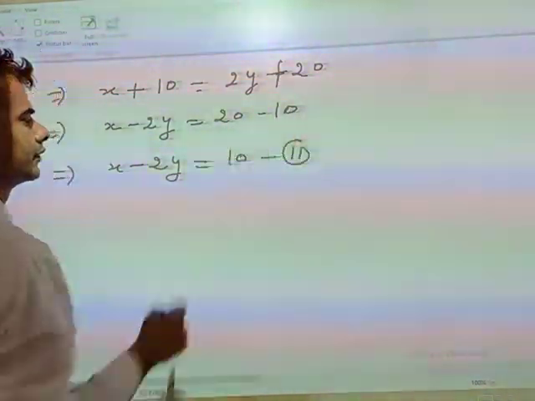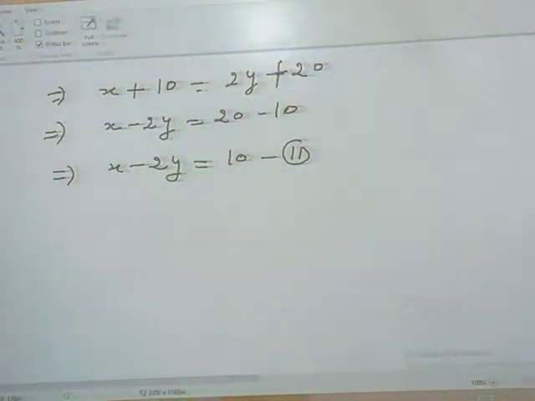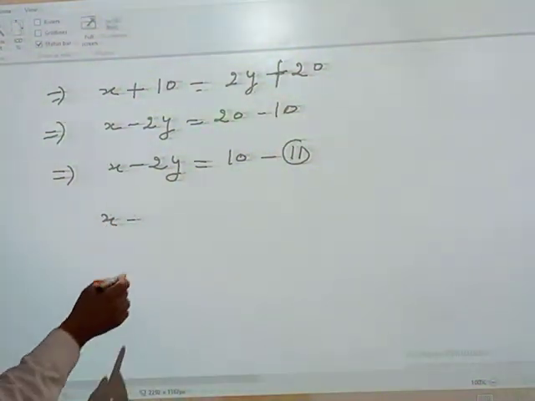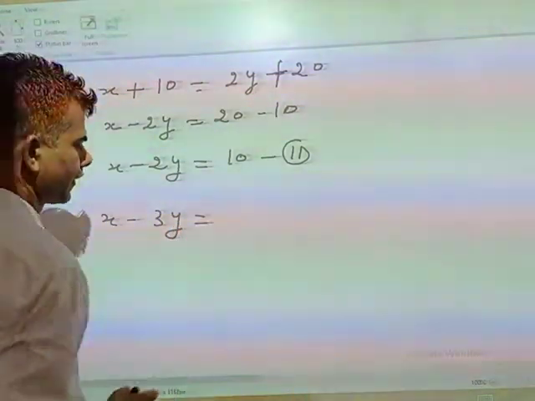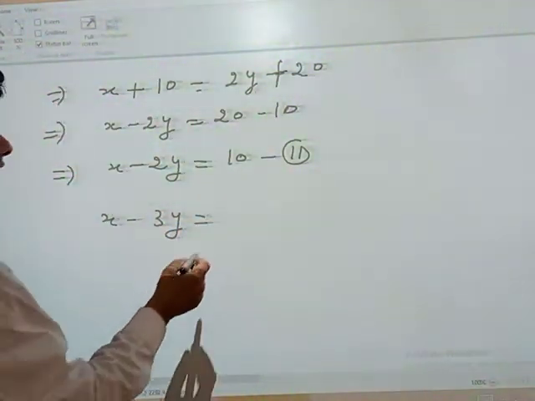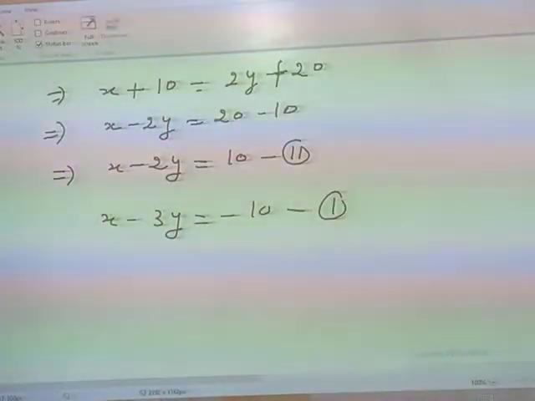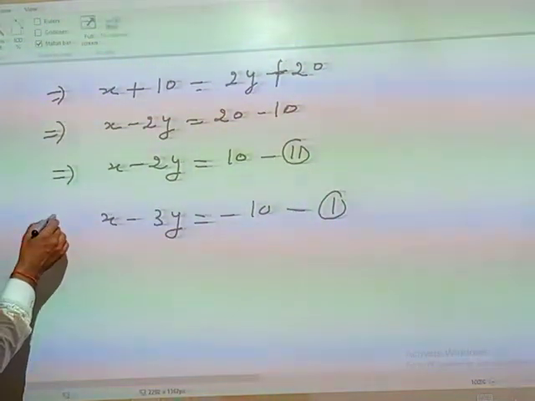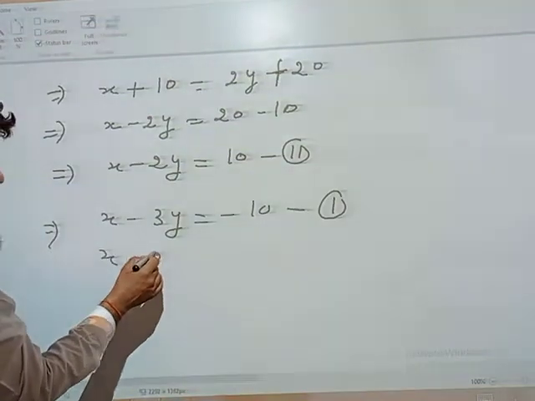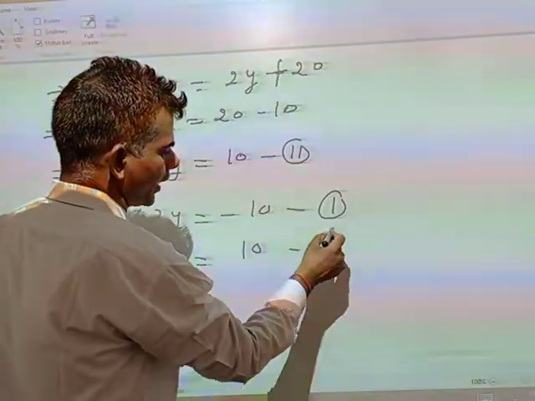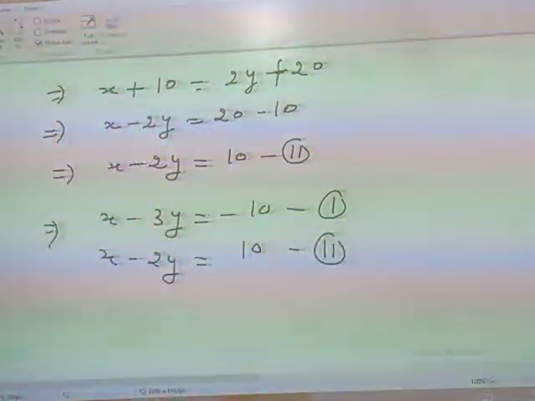That is the second equation. Students, x minus 3y is equal to minus 10 is your first pair of linear equations in two variables, and x minus 2y equals 10 is your second.